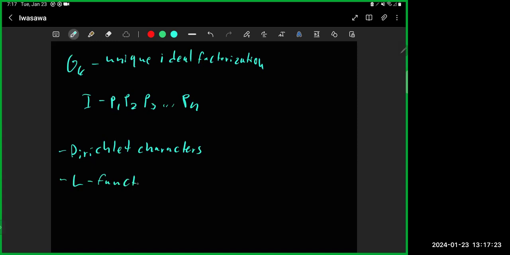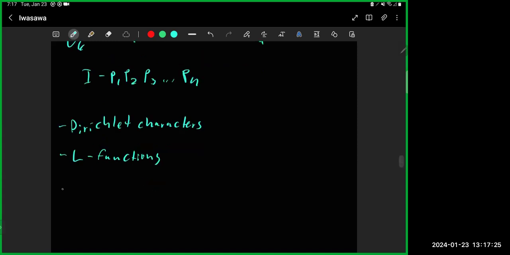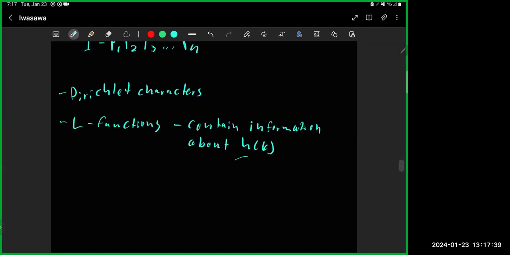We will show that L functions actually contain information about H of K. Then, since finding out the entire number is maybe too difficult, we might drop down a level and ask by which prime numbers H of K is divisible. To find this out, we'll have to talk about p-adic L functions.